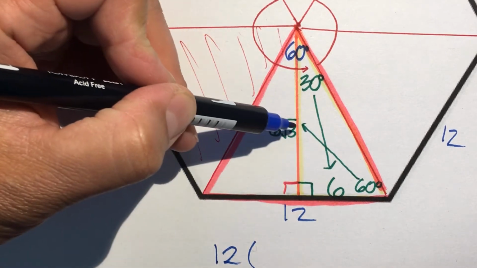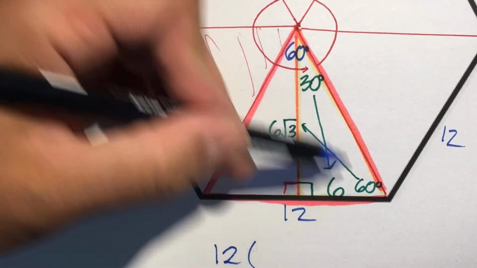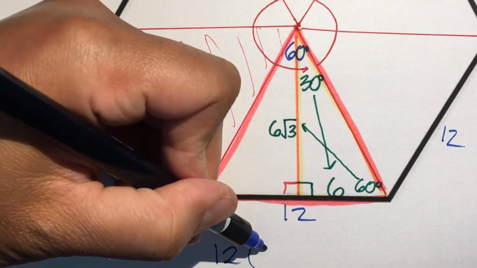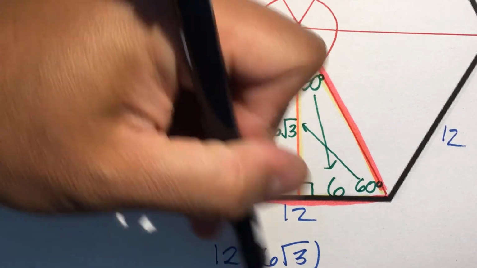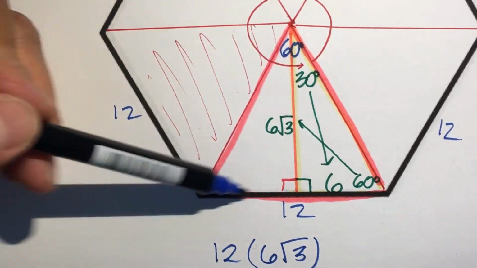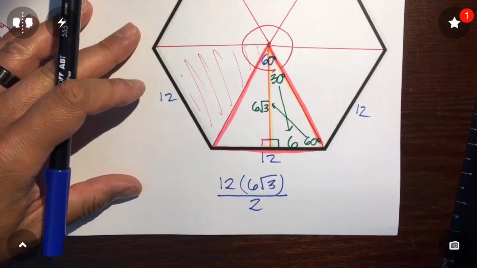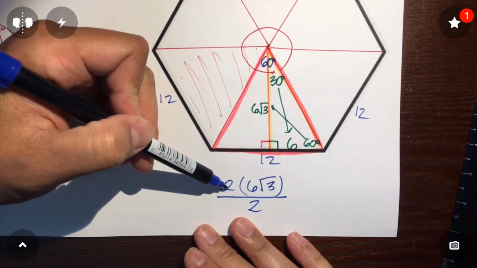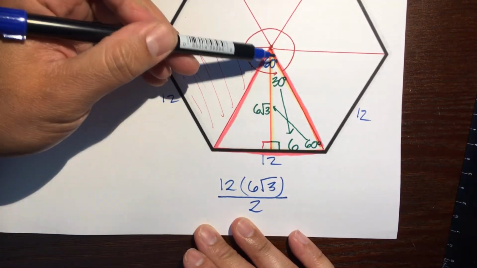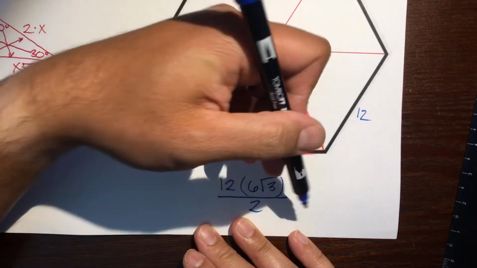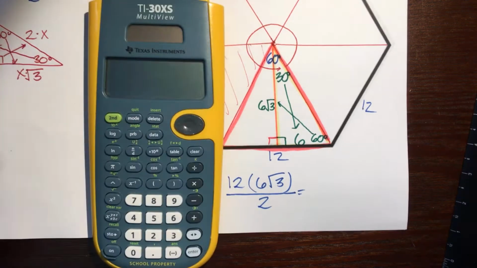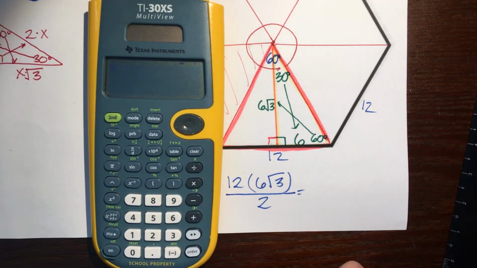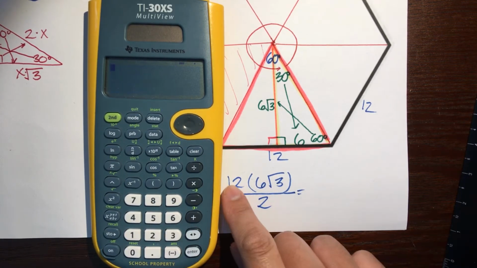And now we have the height, which turns out to be the middle side in a 30, 60, 90 triangle, which is 6 square root of 3. And we're going to divide that by 2, because we want to find the area of a triangle. So base is 12, height is 6 square root of 3, divided by 2. So let's figure this out. We want to leave this square root of 3, so I'm going to just multiply this 12 times 6.